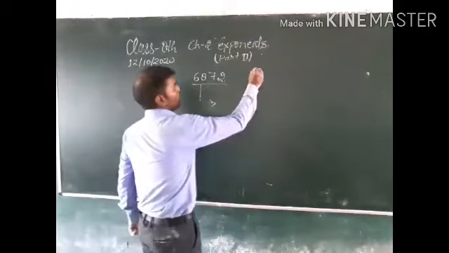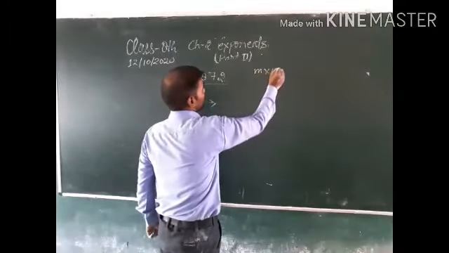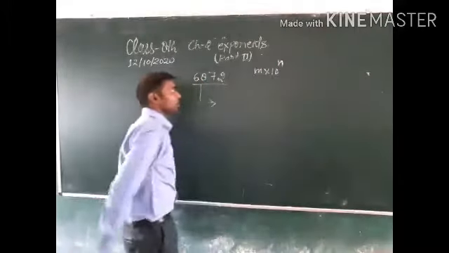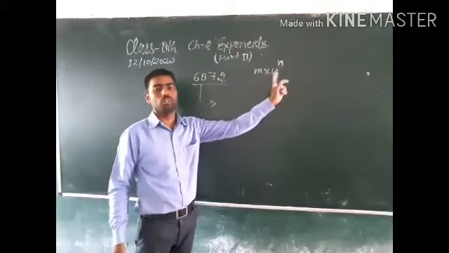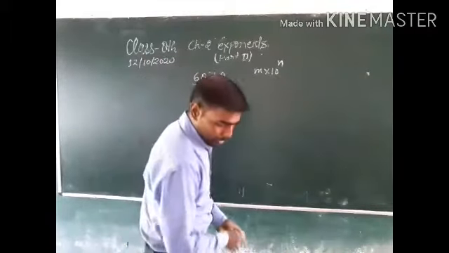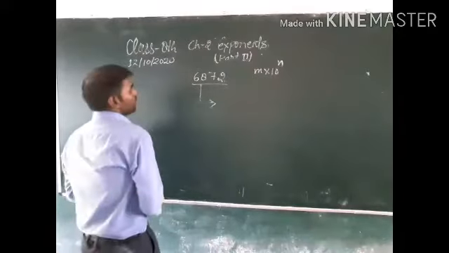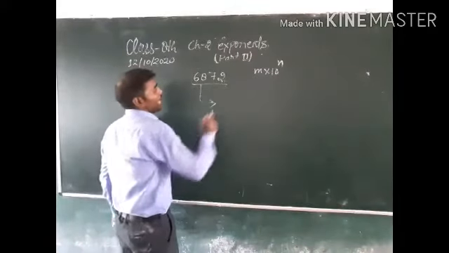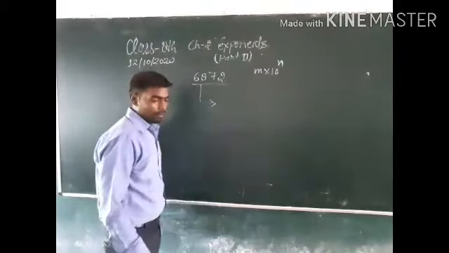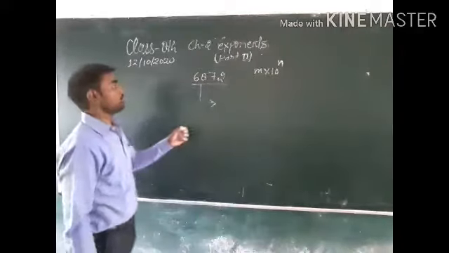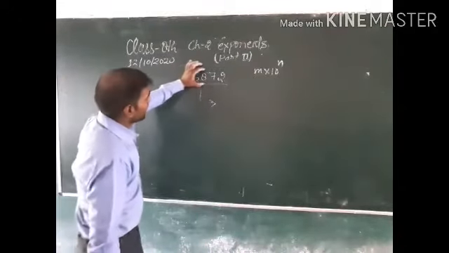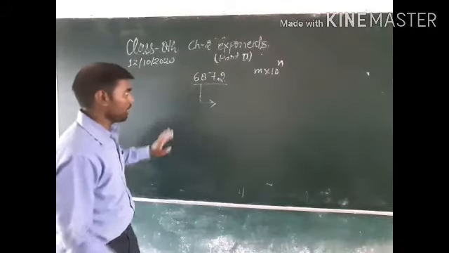First of all, we write the general expression of standard form of any number: m into 10 to the power n. M is a decimal number. So we can write this number in decimal expression.